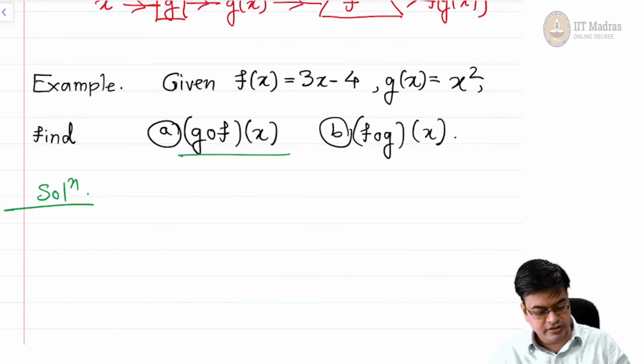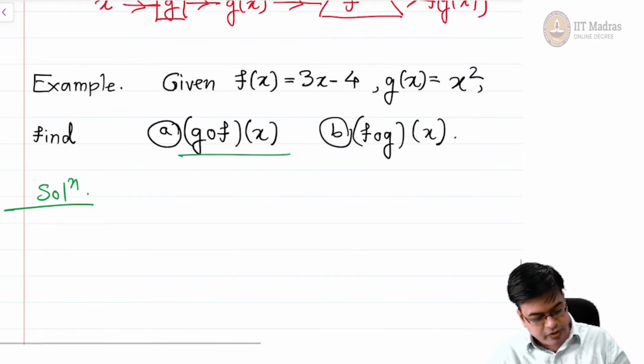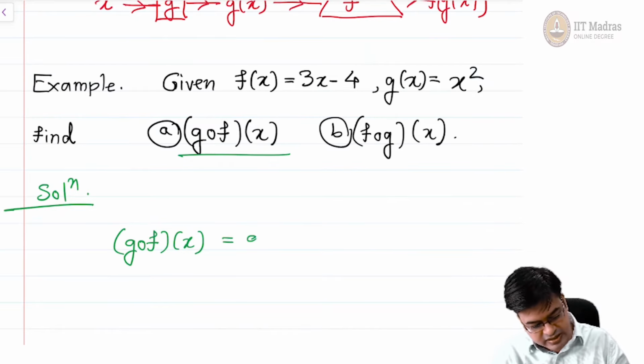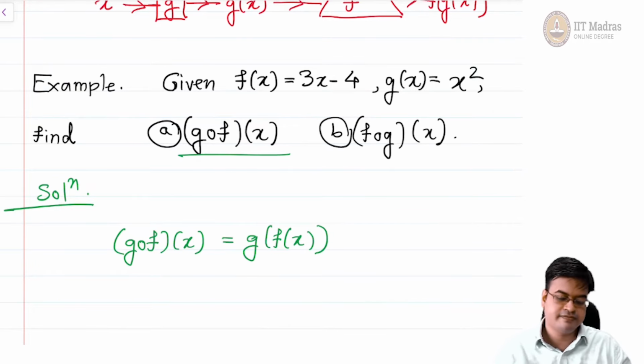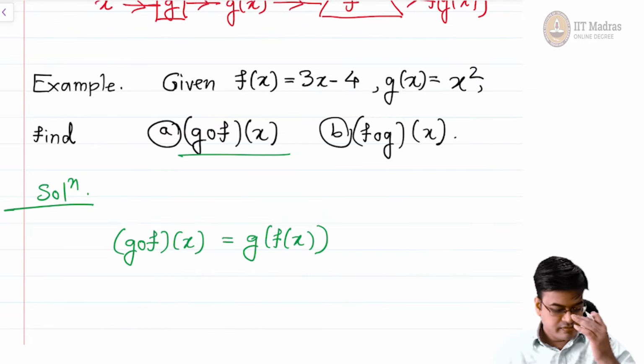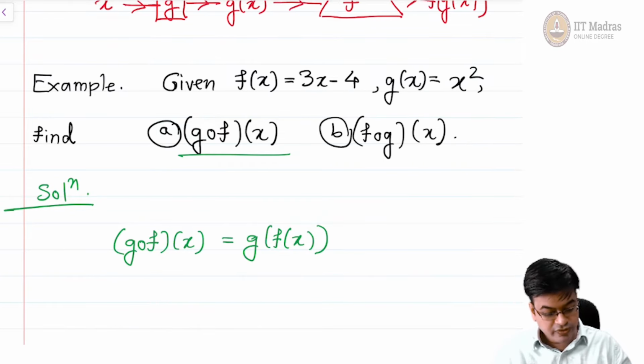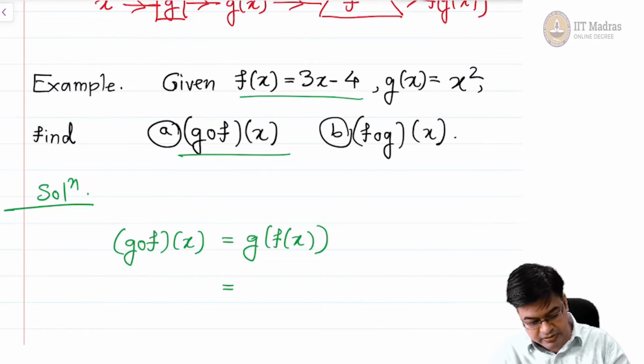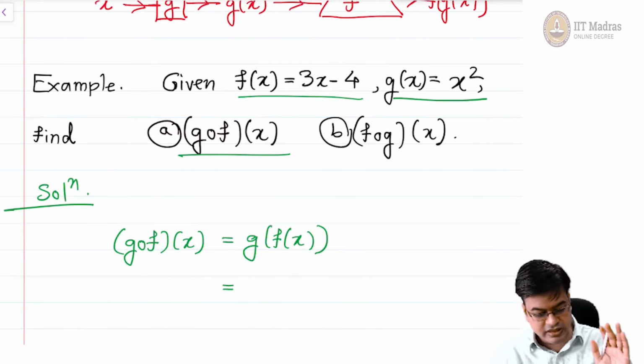Let us take this function. Let me write it properly. It is GOF of x. As per our theory, we have to write this as g of f of x, right? What is f of x now? F of x is 3x minus 4 and g of x is x square.